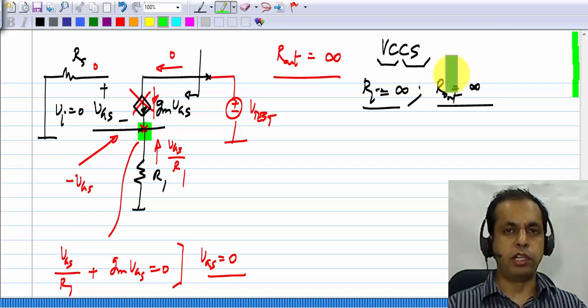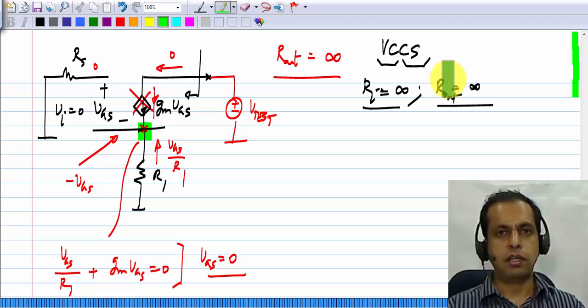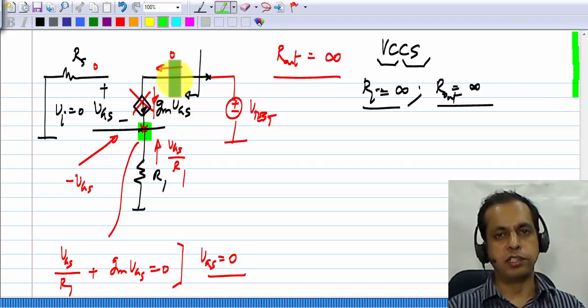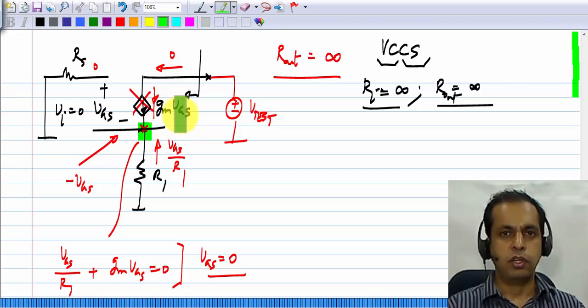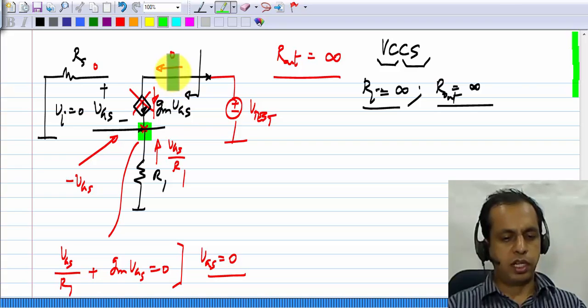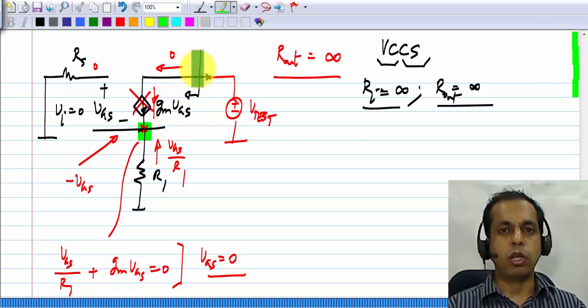But of course we have omitted something from the model of the MOS transistor, that is the parameter lambda corresponding to the channel length modulation. We assume that the incremental output conductance is 0, but it's really not 0. Now in case of the common source amplifier and the common drain amplifier or the source follower, the output conductance changed the results a little bit, but it didn't make any qualitative changes.